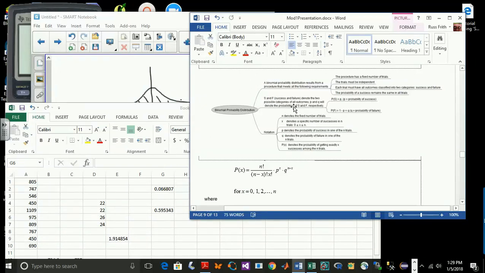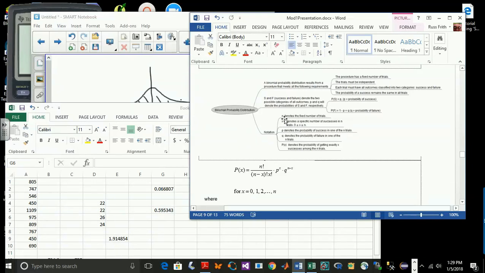So these are the two possible categories of outcomes. P and Q will denote the probabilities of success and failure respectively. The probability of success is P. The probability of failure is 1 minus P, which is equal to Q. Notice that the sum of the probabilities must equal 100%. With binomial probability distributions, we have a number of variables.